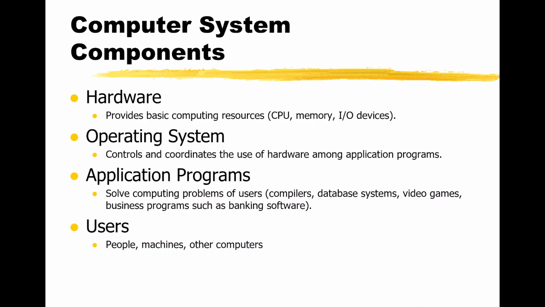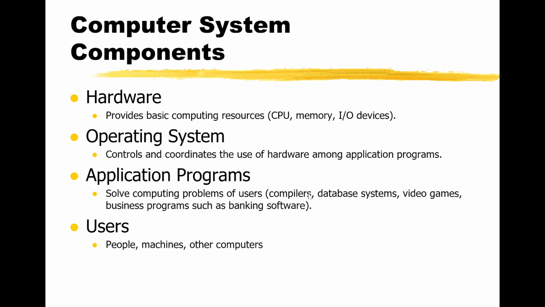For example, we have application programs that are compilers. We have the ones that are database systems. We have the ones that are video games. We have the ones that are business programs, such as banking software. Now, all these applications, these video games and databases, have to be installed into the computer system.